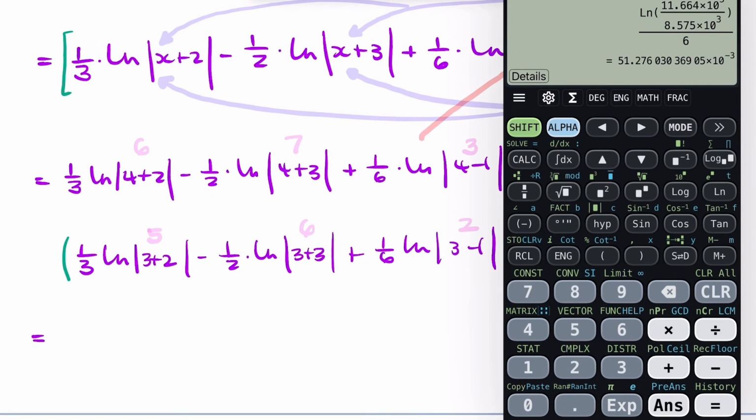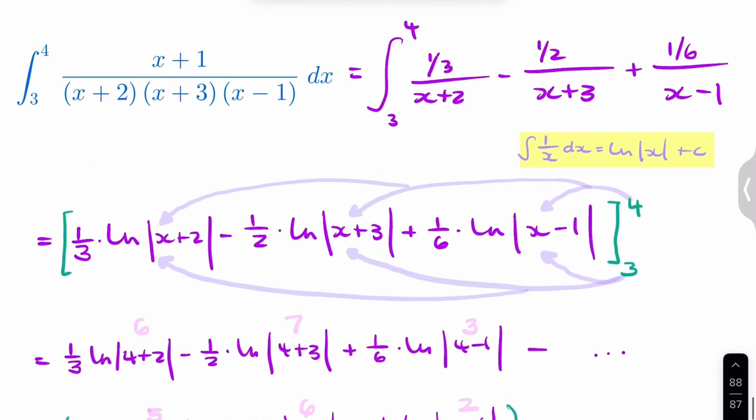So as you can see, I put it in my calculator and it gave me 0.0513. So that is your final answer. Now, I know it looks strange, but because it's a definite integral, you're going to end up with a number, and that's your number. So that's how you integrate using partial fractions.